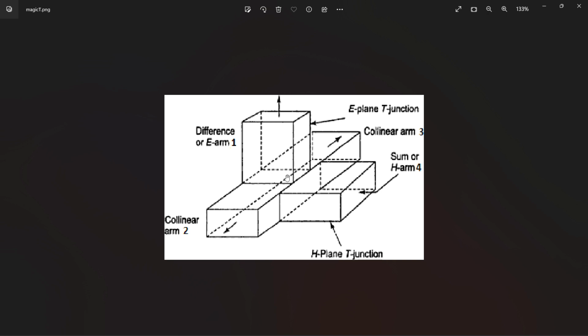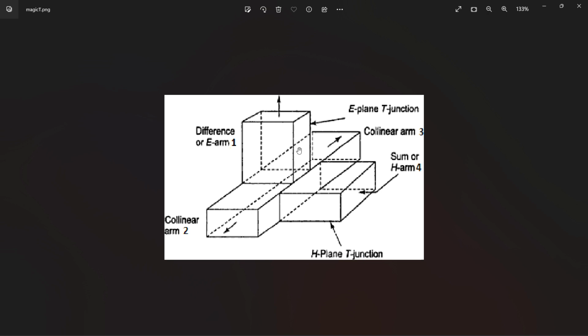See here, this is the configuration of the Magic T, which has four ports: E-plane arm, H-plane arm and 2 collinear arms. The Magic T is a 4-port waveguide which gives the outputs based on the configuration we have defined over here.